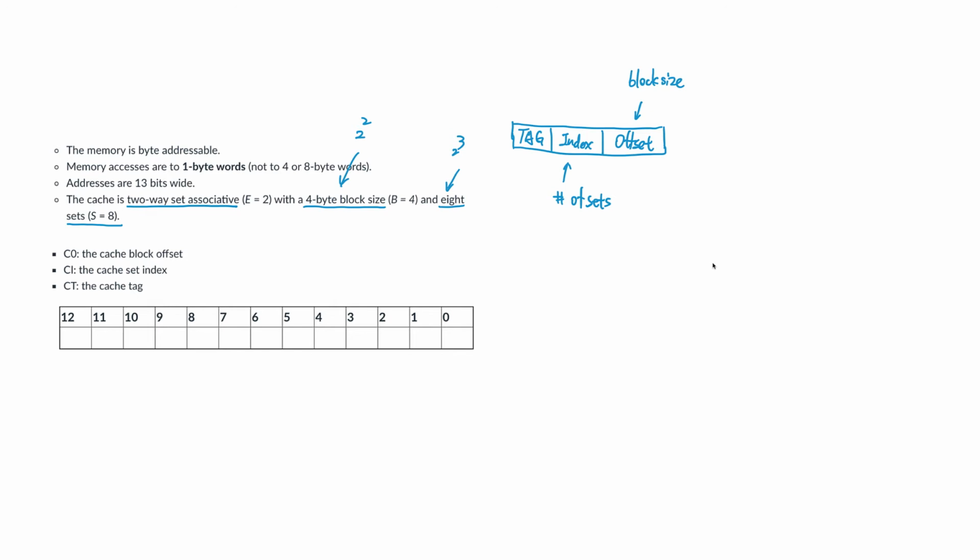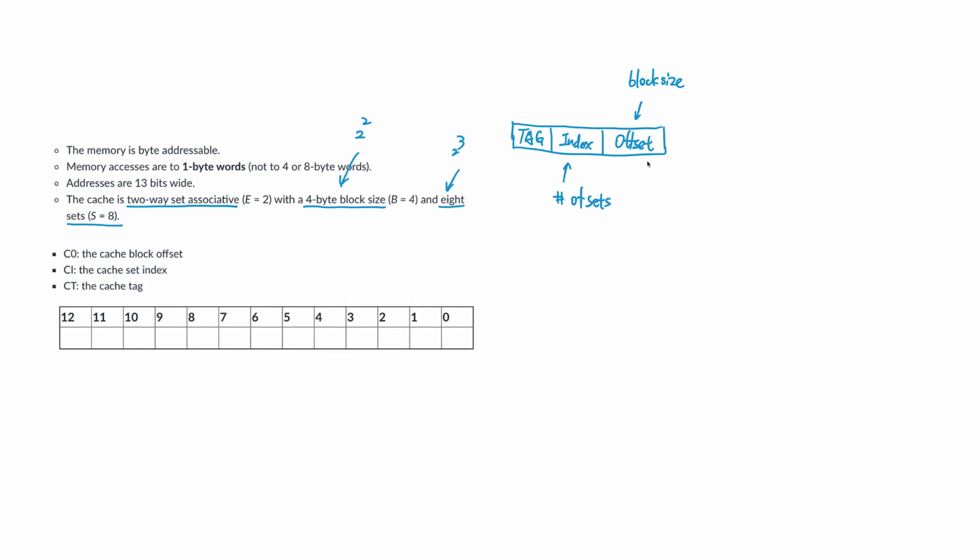We have the information at the beginning. So the cache is two-way set associative, E equal to 2, with 4-byte block size, B equal to 4, and 8 sets, S equal to 8. That means the index should be at least three bits.